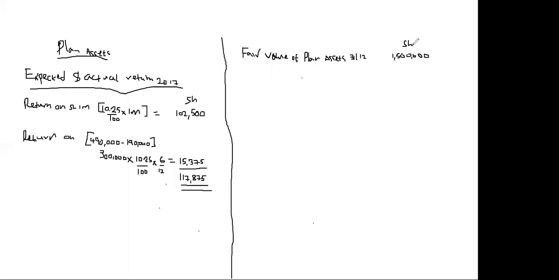Then we less the fair value of plan assets as at 1st January, and this is 1 million.